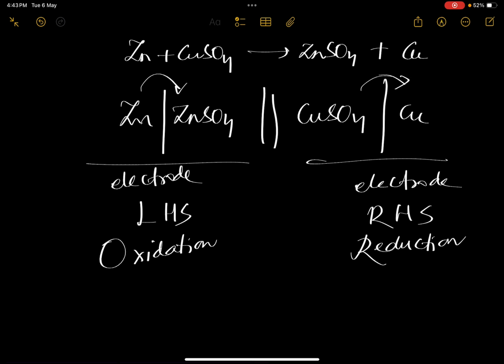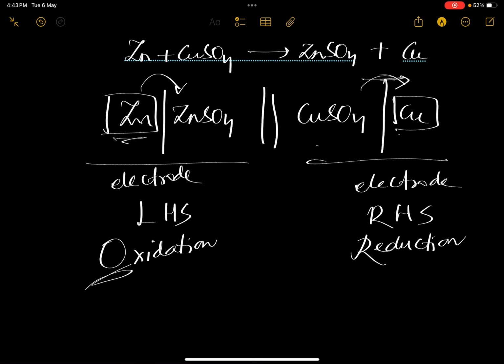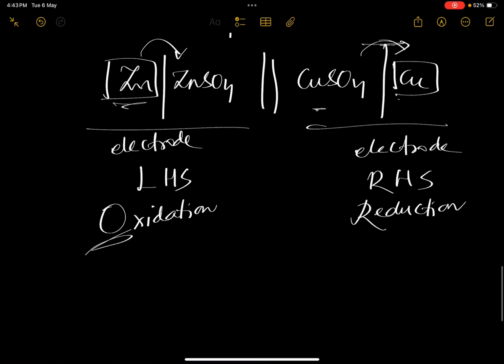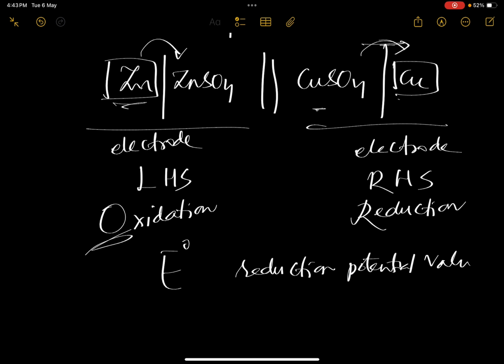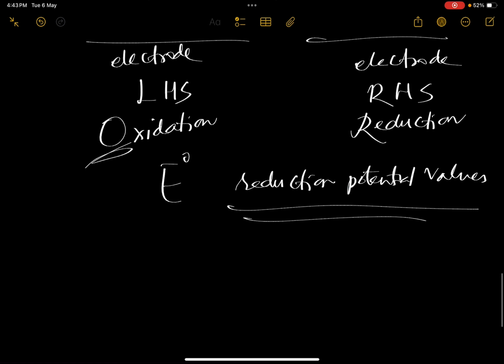Not every time like this. Generally we show metals always outside. Zinc undergoes oxidation here, and copper plus 2 is undergoing reduction. Generally, reduction potential values will also be given. The potential for reduction, whatever the energy required, that value will be given to you in the question. For this example, I can remember this value: Zn plus 2 by Zn.